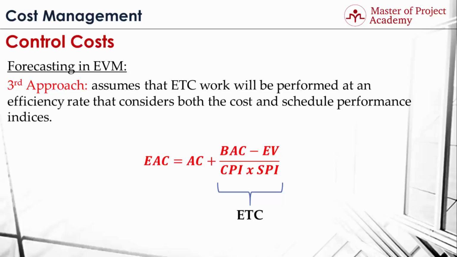Actually, budget at completion value minus earned value gives the total remaining work as planned in the beginning of the project. By dividing this by the multiplication of CPI and SPI, cost and schedule performance of the project is taken into account. The better the cost and schedule performance are, the less estimate to complete effort will come out of this equation.